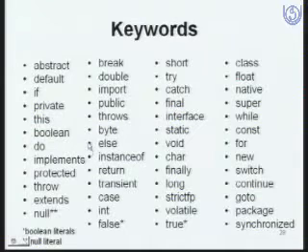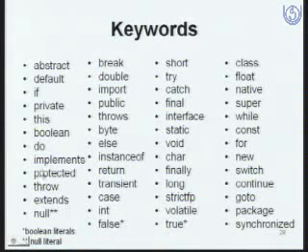Now the other topic is keywords. Java has 48 keywords which you cannot use for defining your own variable names, classes, methods, or anything. So these are reserved. Besides these 48 keywords, there are another 3 keywords that are reserved for the literals.